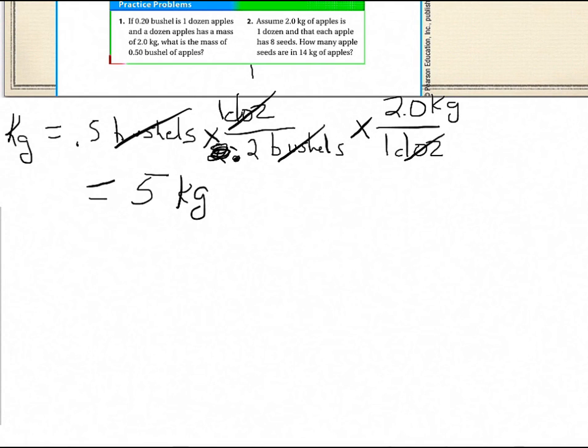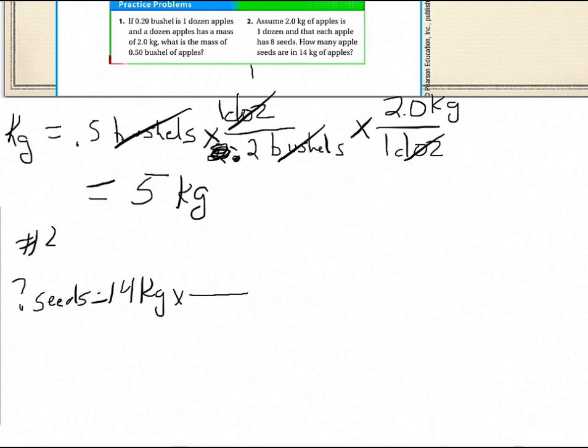Looking at number 2, it says assume 2 kilograms of apples is a dozen and that each apple has 8 seeds. How many apple seeds are in 14 kilograms? So we want to know how many seeds. We are given 14 kilograms. And we need to convert that somehow to apples to figure out how many seeds we have.